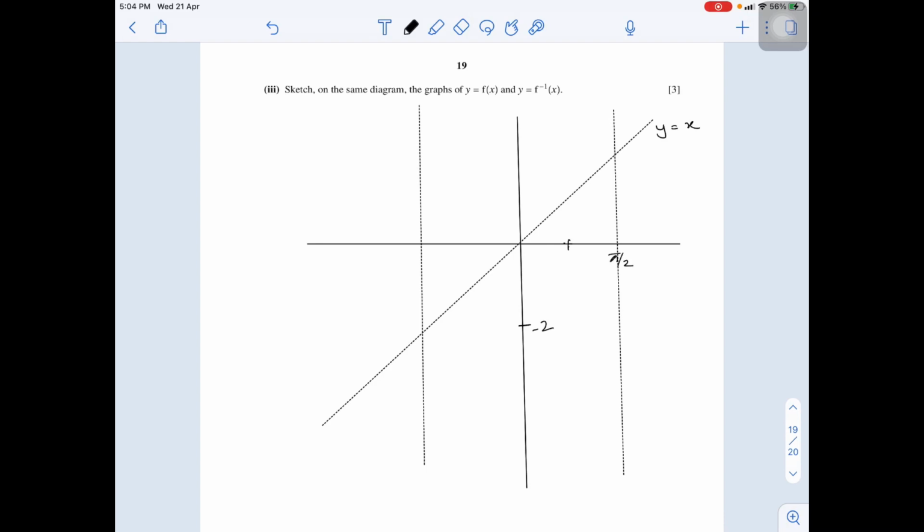Halfway is pi over 4, since pi over 2 is the asymptote. It passes from negative 2, then goes past pi over 4. Sorry, not like that. Pi over 2 is the asymptote. So it should go like that.